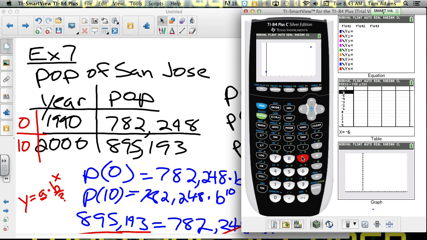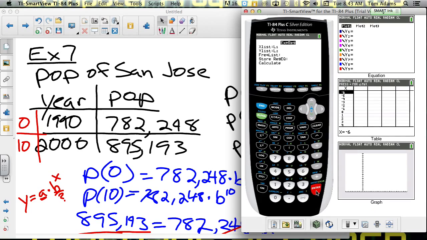Now this is an exponential regression, so lastly I'm going to go to calculate, and I want an exponential regression. Not a power regression, an exponential regression. I just want to calculate it.